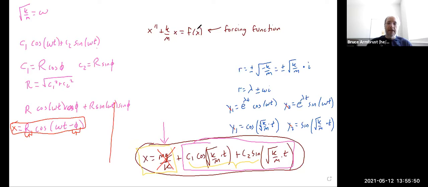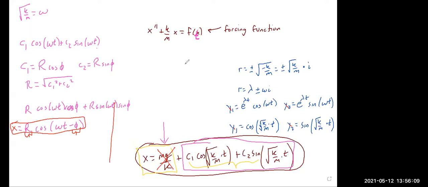Or I should, I wrote x, that should be t. I'm thinking of a specific type of forcing function that's going to be maybe a problem. My thought is if it's another force, well, that's another mass times acceleration, right?